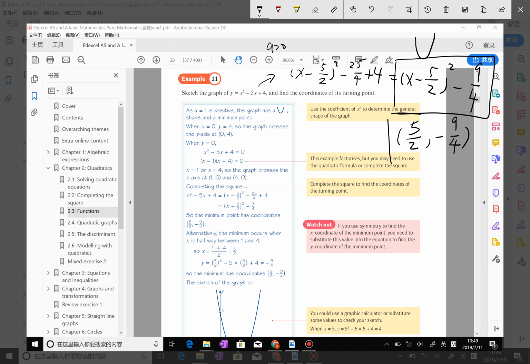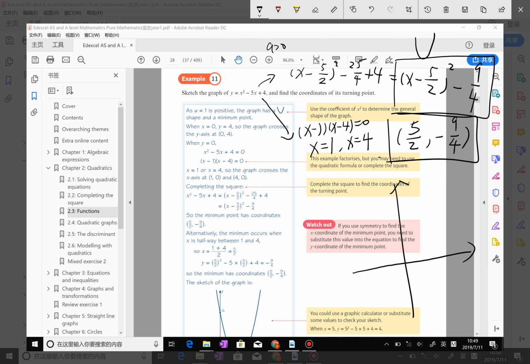All right. And then to find the two roots, we can factorize it. So we could take (x minus 1) times (x minus 4) equals 0. So the two roots should be x equals 1, another is x equals 4. All right. So we have the minimum, one is about 2.5, another is around here, and two roots, one is 1, another is 4.